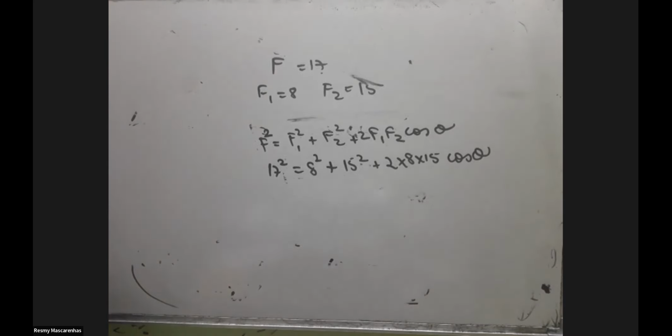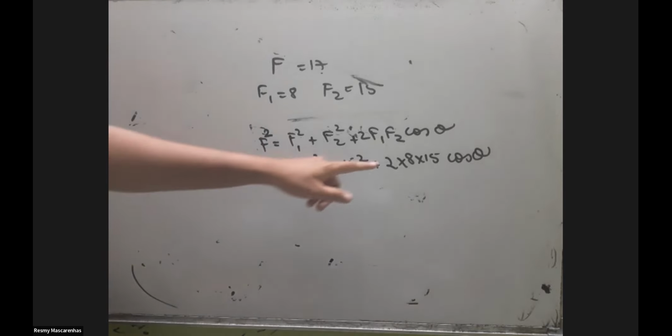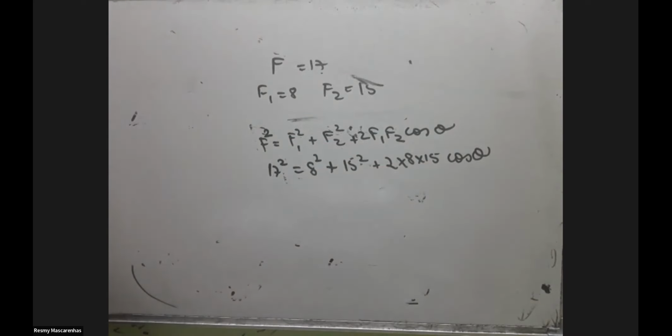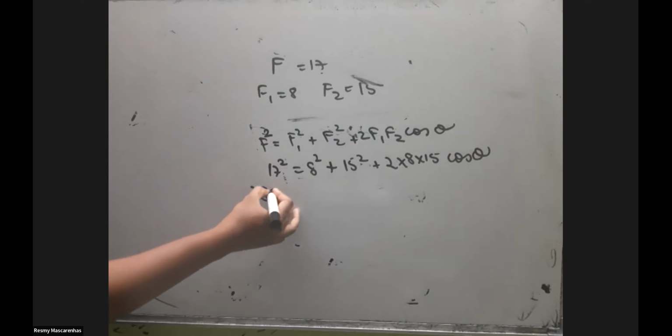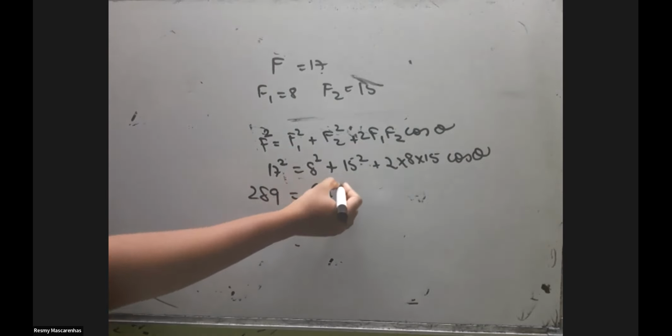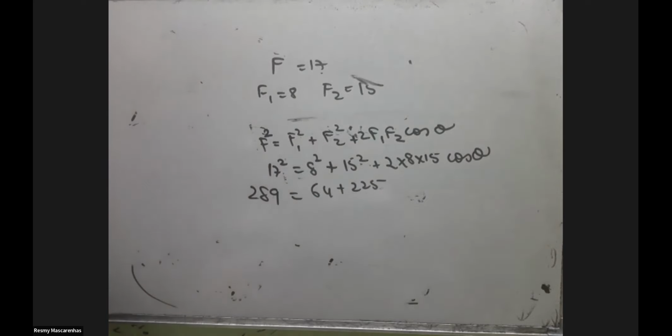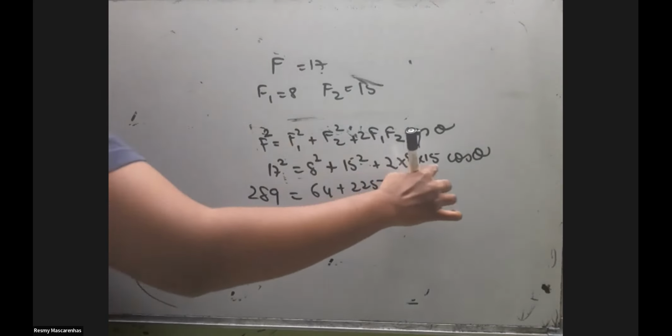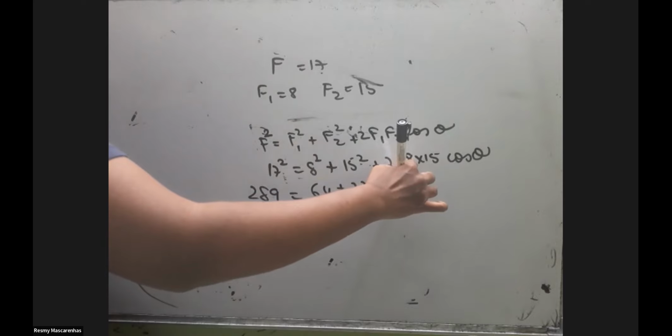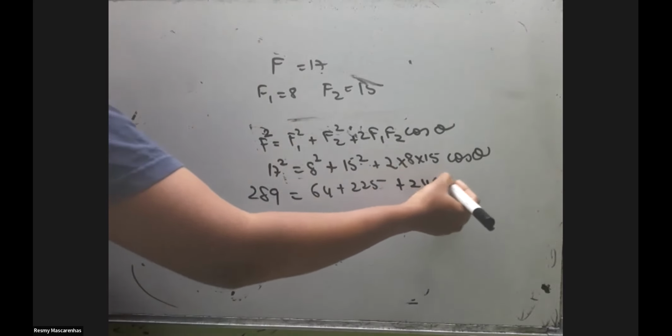So 17 square, and then you have to solve this for theta. So that will be 289, because 8 square is 64, this is 225, plus 2 times 15 times 8, that is 240 cos theta.